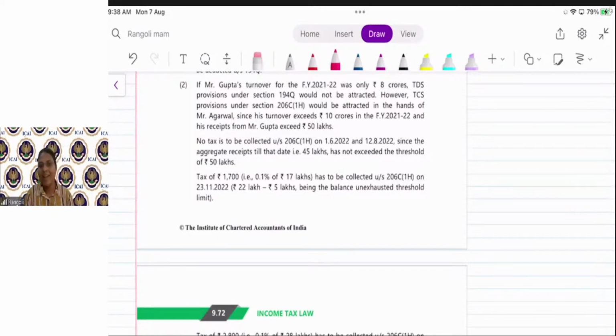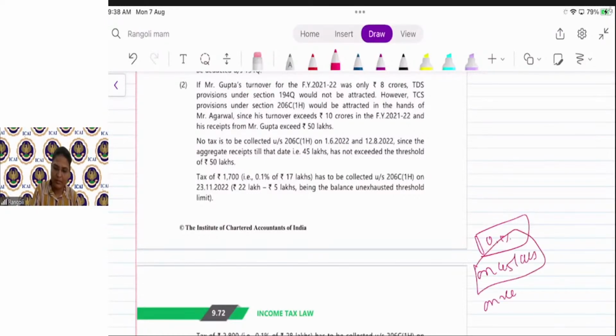So in that case, Mr. Agarwal is required to collect TCS at the rate of 0.1% on 45 lakh rupees on receipt basis.